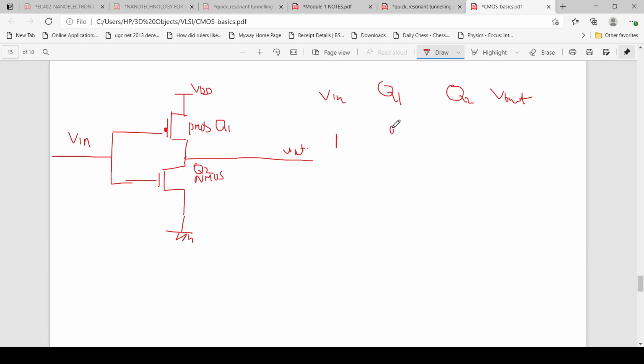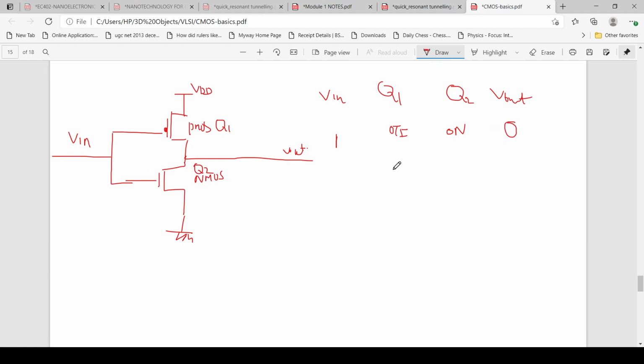So Q1 will be off, and the transistor Q2 is on. Another important thing is when the circuit is on, it acts as a short circuit. When we measure the potential difference across a short, the output is nothing but 0.